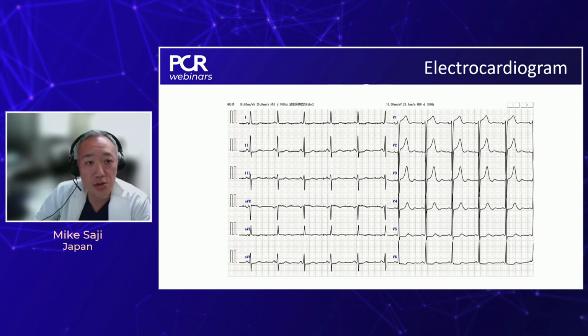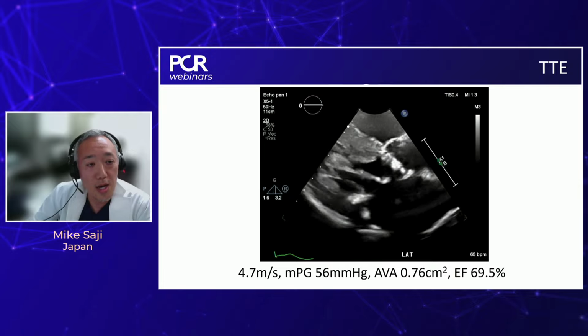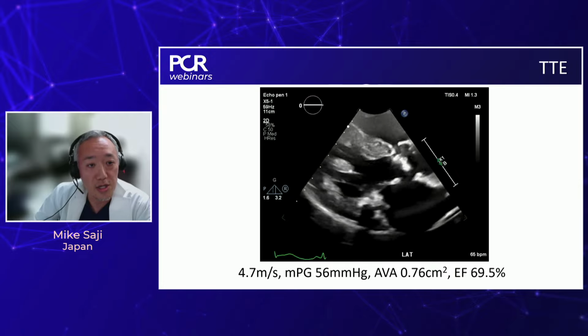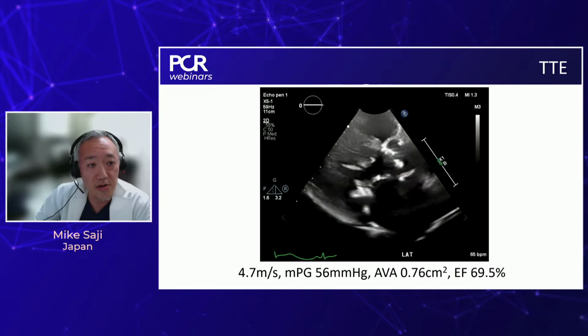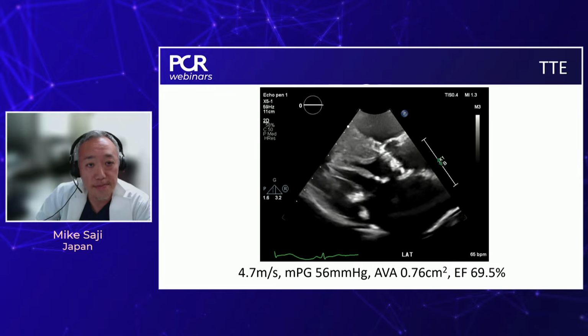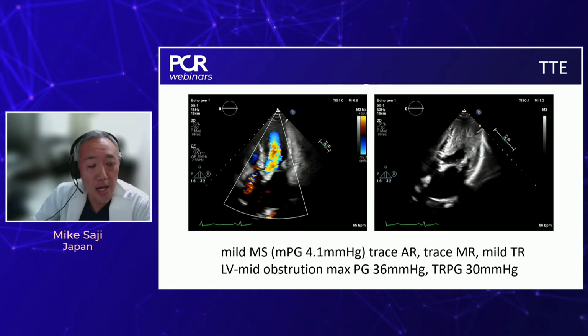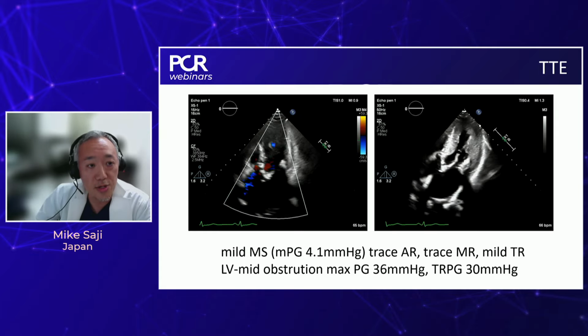Right, and the EKG showed normal sinus rhythm without right bundle branch block. An echo showed severe stenosis with a preserved ejection fraction, and the mean gradient was 56. And it also showed mild mitral stenosis.